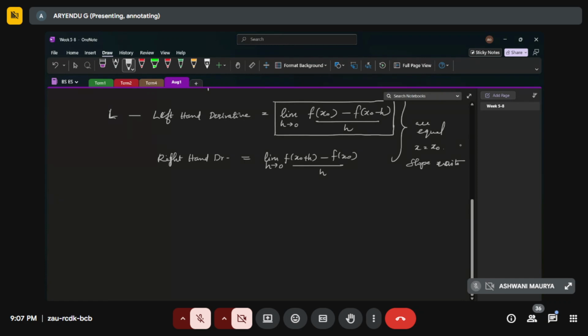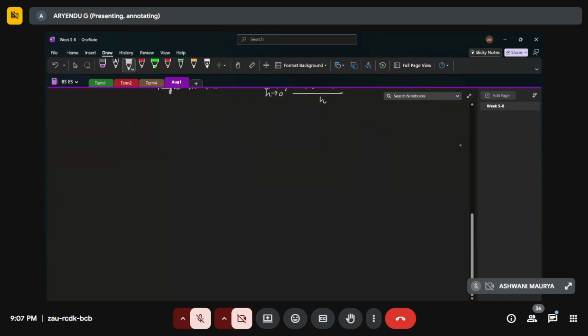Okay. Then we are required to find the derivative for the function at different points given x equal to x naught. These are the rules that we have to follow, the very basic rules. First we have the addition and subtraction rules.